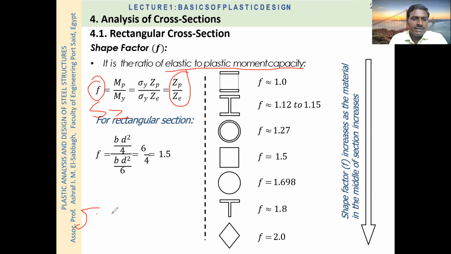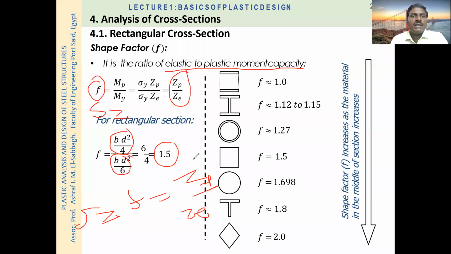So shape factor S or F is equal to what? ZP upon ZE. So we can calculate ZP by using the formula BD square by 4, and BD square by 6 is ZE. So by calculation we will get the shape factor for the rectangular cross section as 1.5.